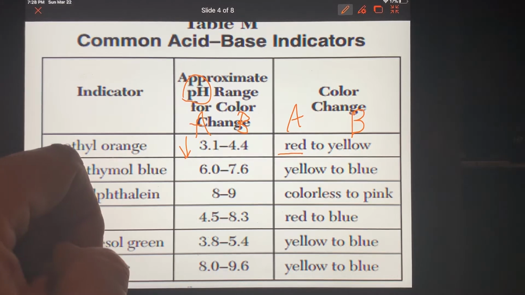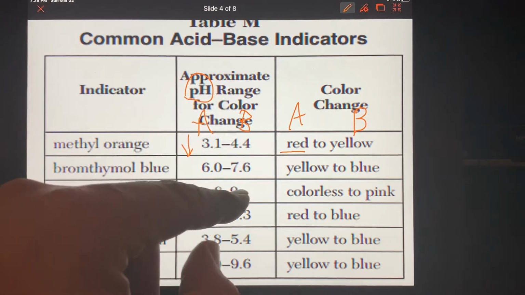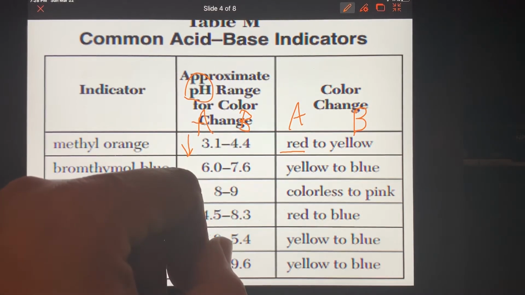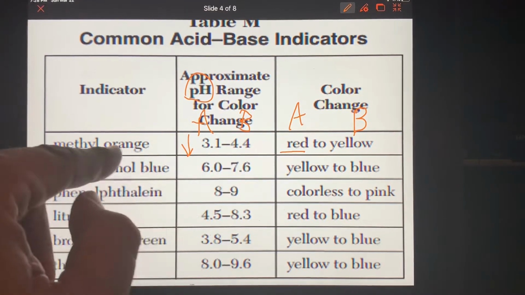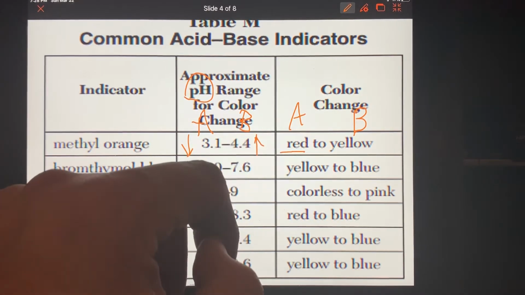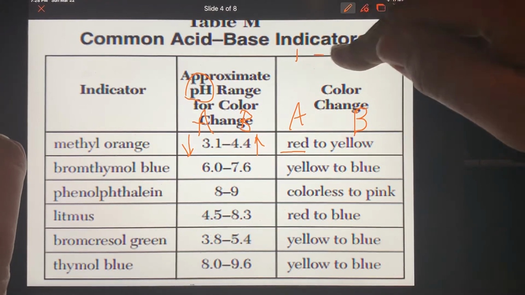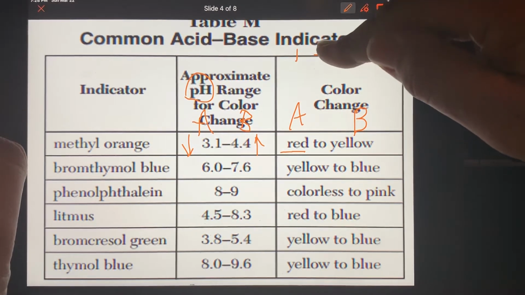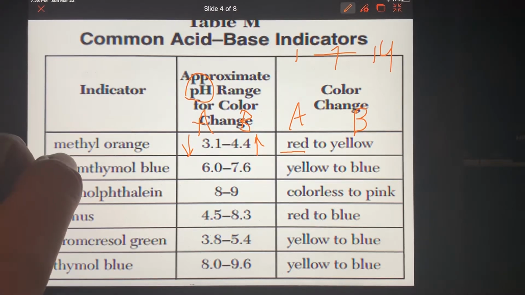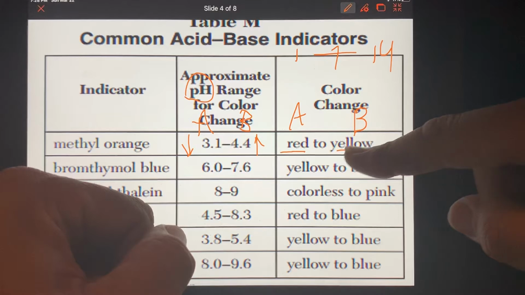If I dip a substance and the pH is, let's just say, 7.0, well, I know if I'm using methyl orange, 4.4 and higher, all the way up to 14, because remember, the pH scale goes from 1 to 14. 7 is neutral. We'll get into that later on.